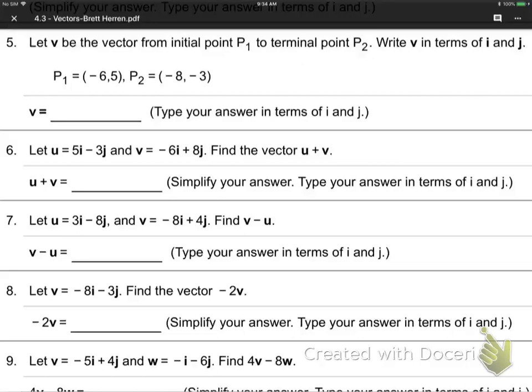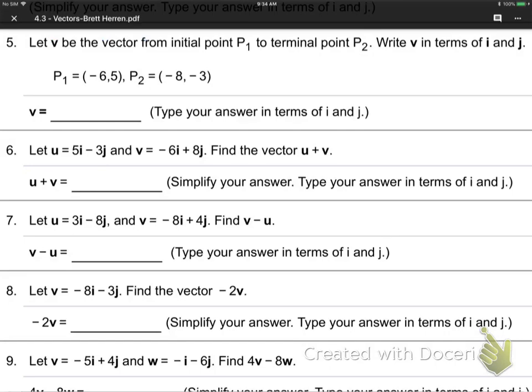All right. So number 5: P1 is (-6, 5), and P2 is (-8, -3). Like that.